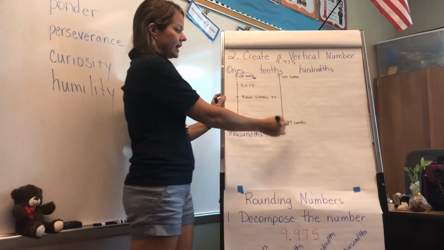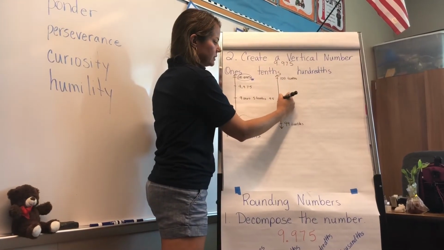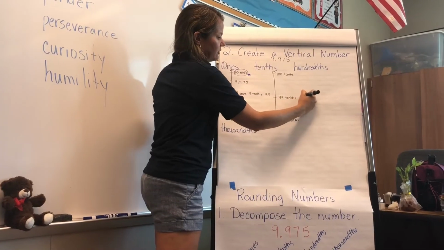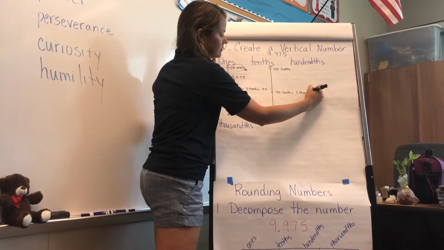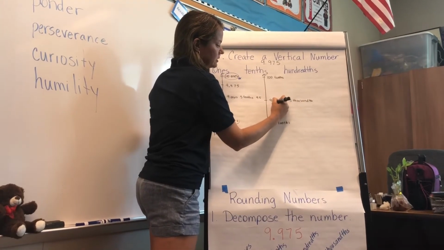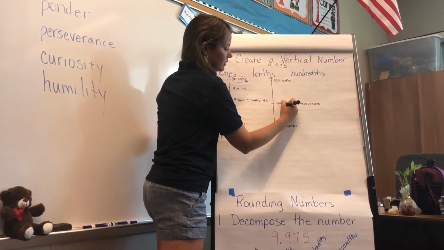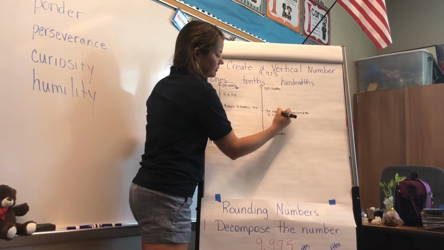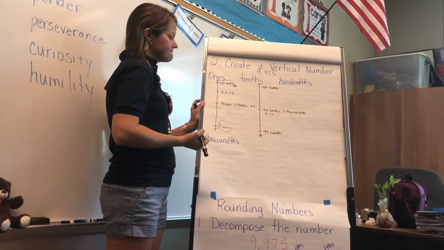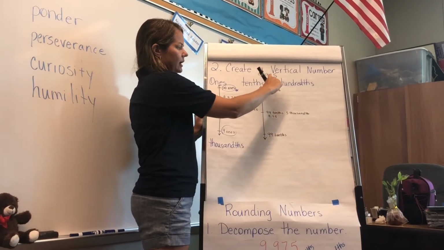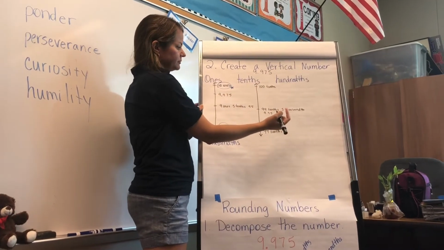In between 99 tenths and 100 tenths, I have 99 tenths and 5 thousandths, which I can write as 9.95. Then I look at 9 and 975 thousandths.